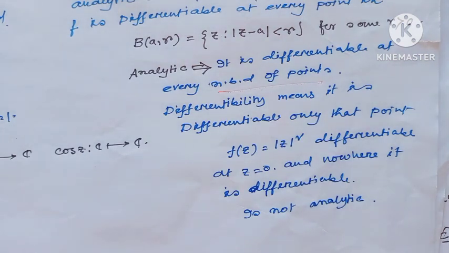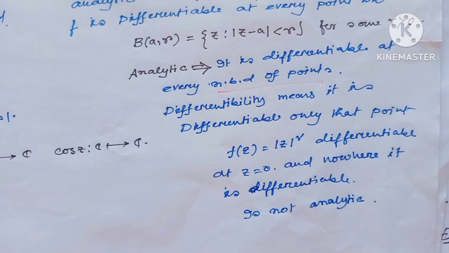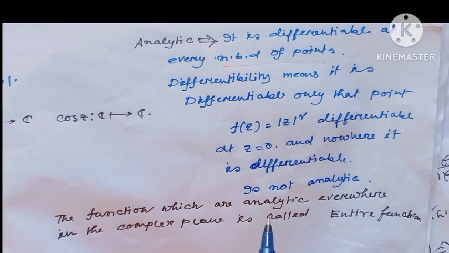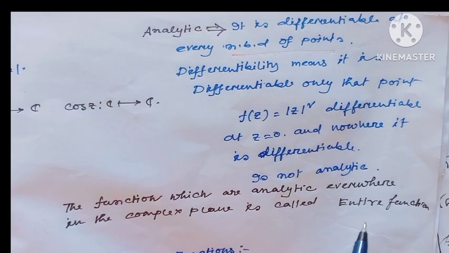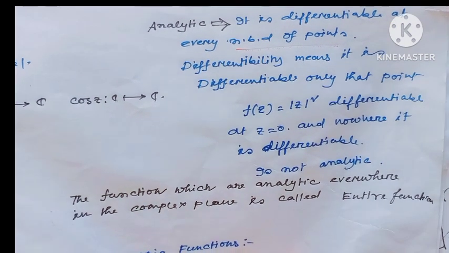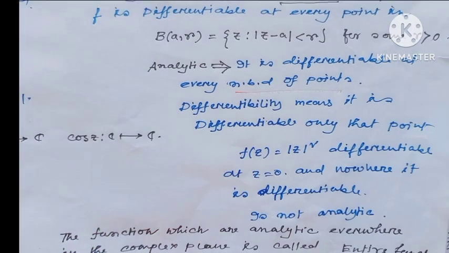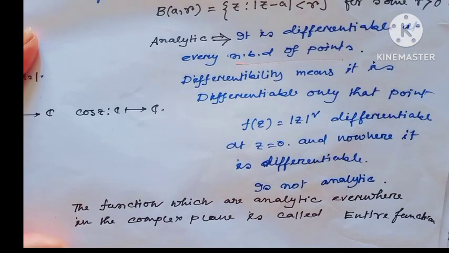Okay? And a function which is analytic everywhere in the complex plane, we call this type of function an entire function. A function which is analytic everywhere in the complex plane is called an entire function. I hope all my viewers have understood this.